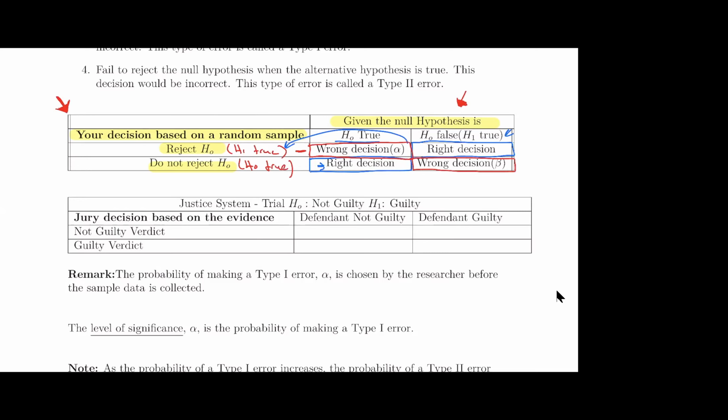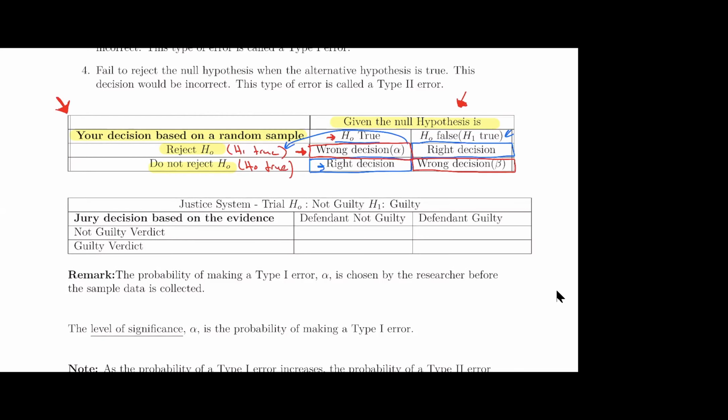So let's move and do this one. Let's see why that is a wrong decision. Based on the sample, we rejected the null hypothesis. But if you look at it, the null hypothesis was actually true. So that's why this is an error, because we said the null hypothesis was incorrect, but it actually turned out the null hypothesis was true.